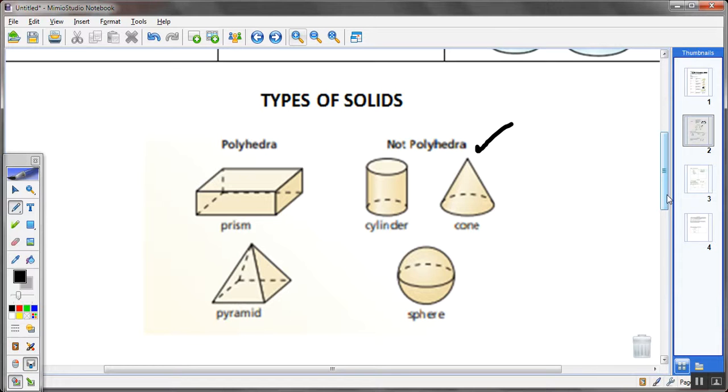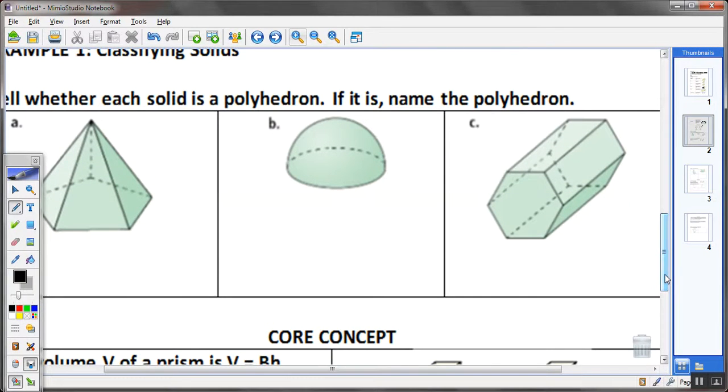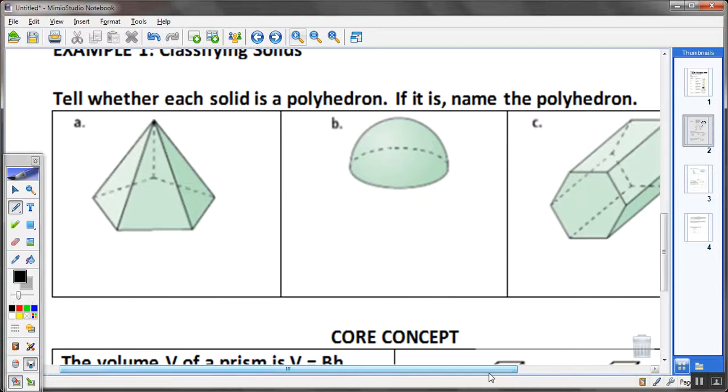Okay. So let's jump into example 1 here quickly, kids. It says classifying solids. First of all, tell me whether it's a polyhedron. Is the first one a polyhedron? Yes or no? Yes. Why? Because it has flat sides. All the sides are flat. Now, is this going to be a prism or a pyramid? You've got a pentagon right here. Yep. It's a polyhedron, so I'm going to write down yes, first of all.